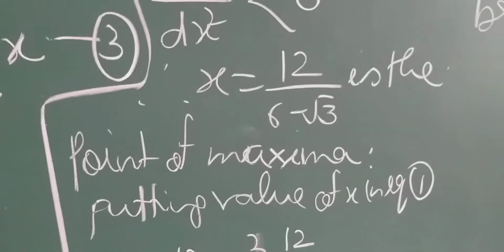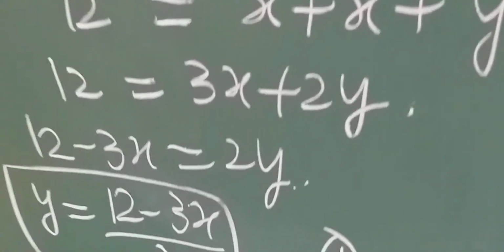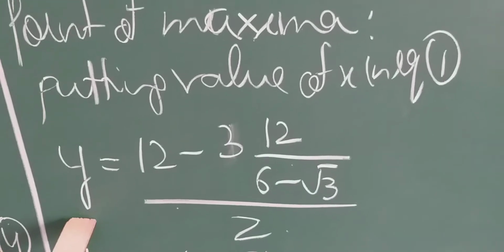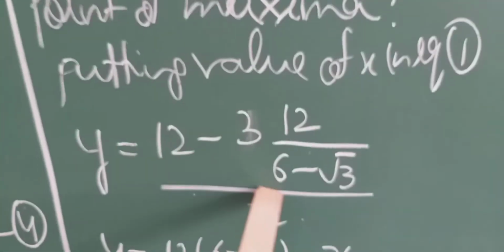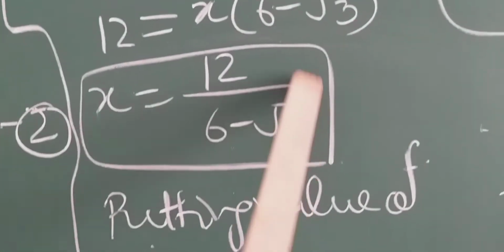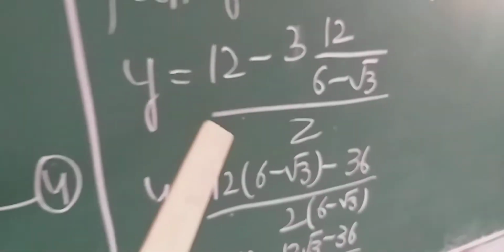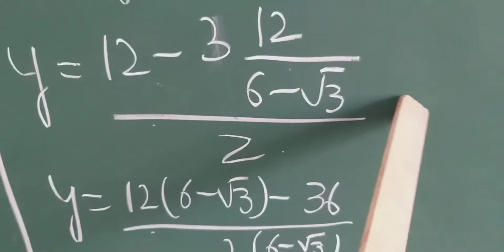Okay. Now students, we have to put the value of x in equation number 1 to get the value of y. So putting the value of x in equation number 1, y equals 12 minus 3 into 12 upon 6 minus root 3, upon 2.